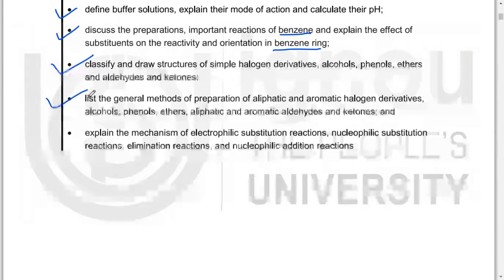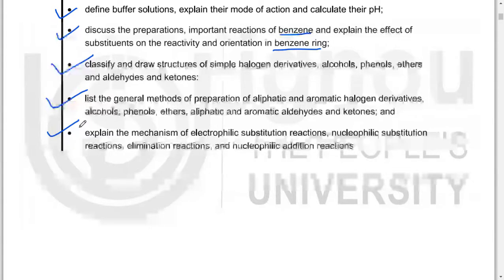List the general methods of preparation of aliphatic and aromatic halogen derivatives, alcohols, phenols, ethers, aliphatic and aromatic aldehydes and ketones, and explain the mechanism of electrophilic substitution reaction, nucleophilic substitution reaction, elimination reaction, and nucleophilic addition reaction.